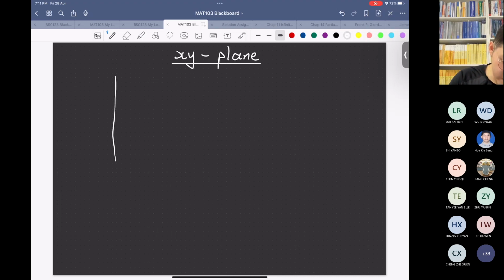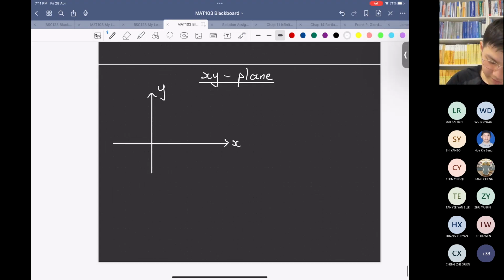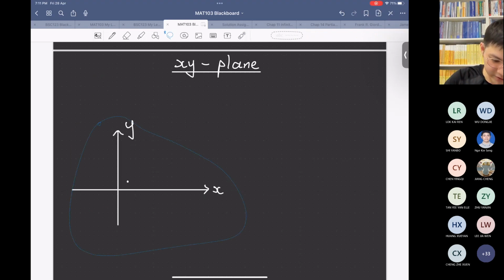instead of describing our point using xy, there's another way to describe our point, using r theta, radius and theta. Before talking about this, you can see the xy is what we call, let me write down the name first.